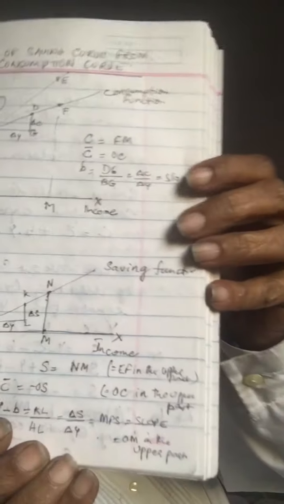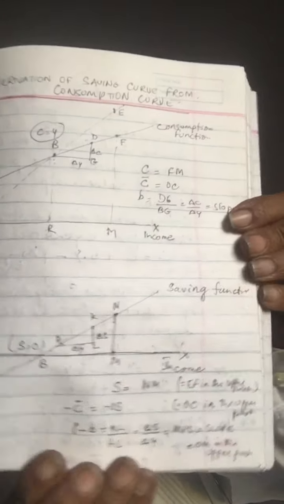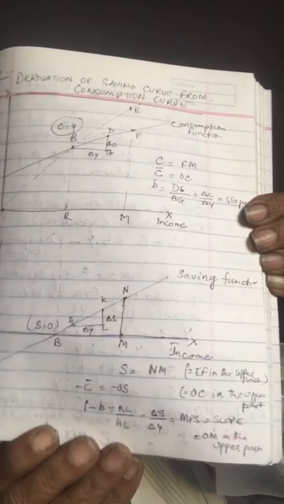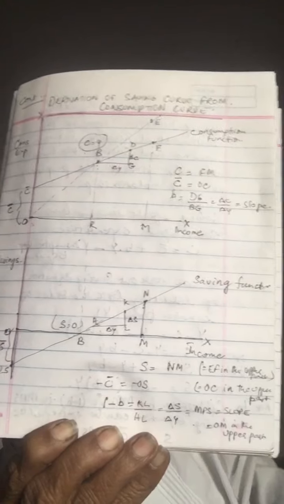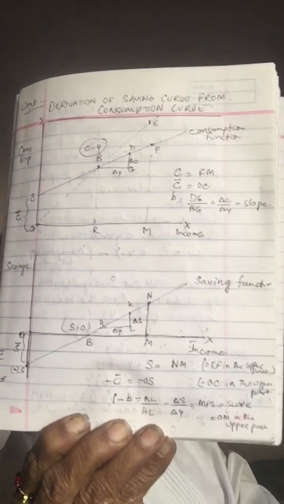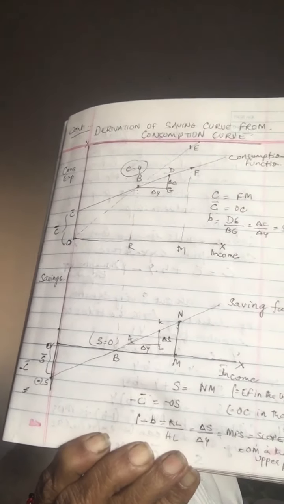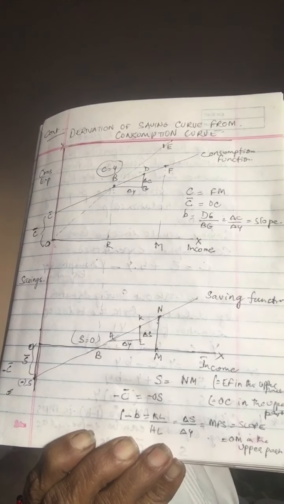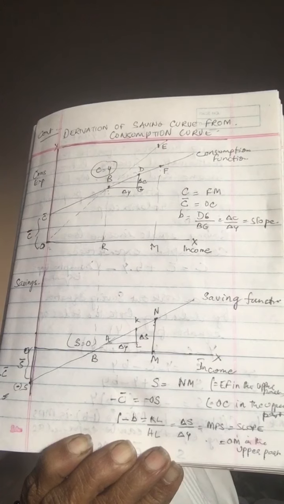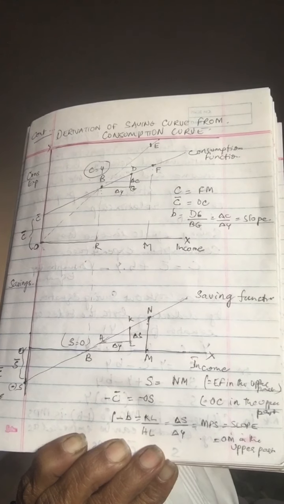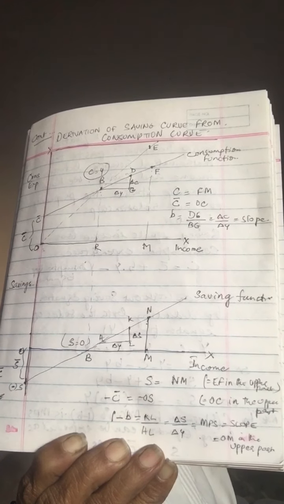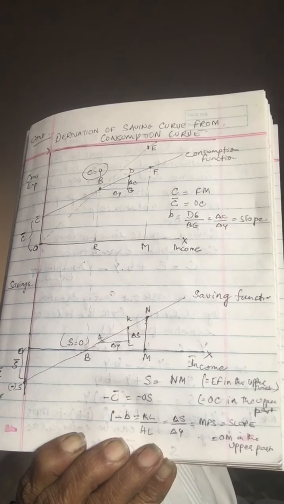So I hope you can see it. Sometimes while explaining, my hand goes here and there, and I don't know where my notebook goes off. The lower part of the diagram, where SBN is the saving function curve, has been derived from the consumption function curve. Now how? It's explained below.